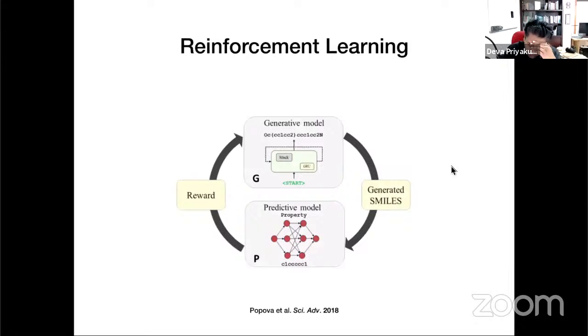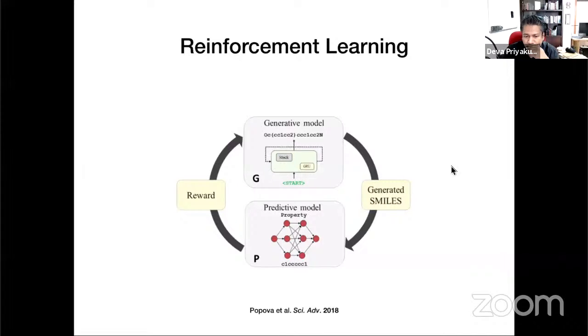Okay, so that's where this particular figure is from, this paper, where they proposed reinforcement learning to solve that problem.